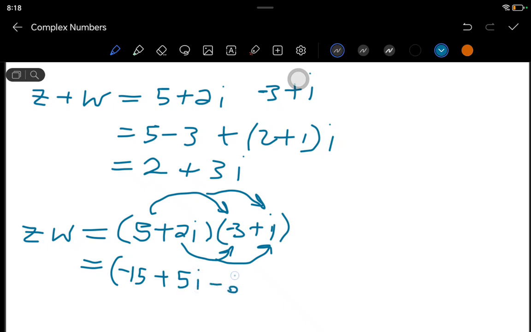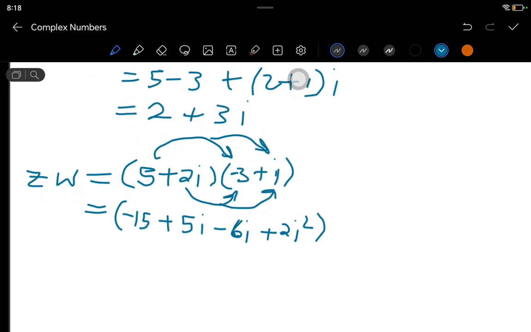I don't even need these brackets. And then this is equal to minus 15, and then I plug in minus 1, since you know that i squared is equal to minus 1. Then this is plus 5i minus 6i.